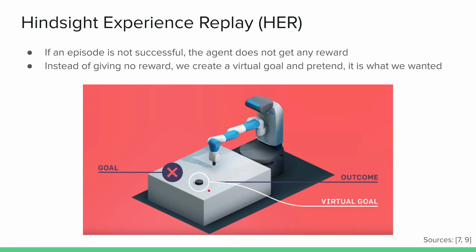That's the outcome. So we define this part here where the object landed as our virtual goal, and by pretending that is our goal and changing our goal on the fly, we can say, okay, I can give you a reward because you did exactly what I wanted you to do.